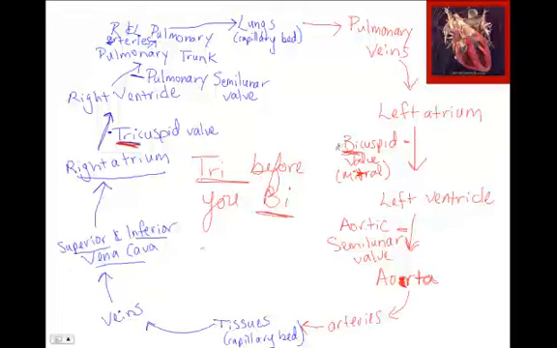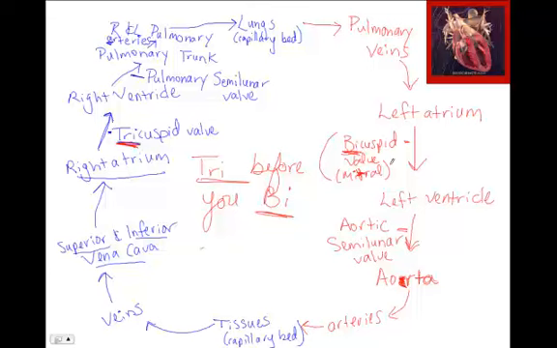That's how it got that name. When you talk about leaky or stretchy valves, you'll talk about something called a mitral valve prolapse. That's talking about this bicuspid or mitral valve, and it's often because the valve has become stretched and leaky.